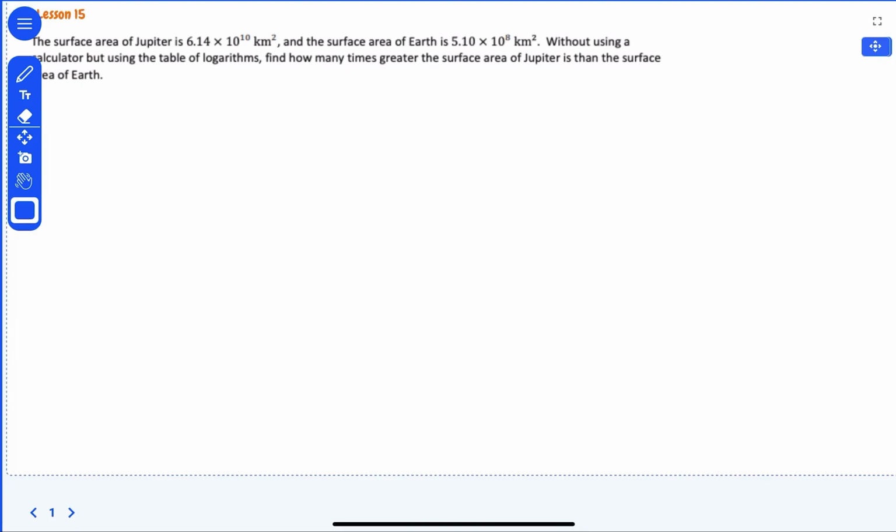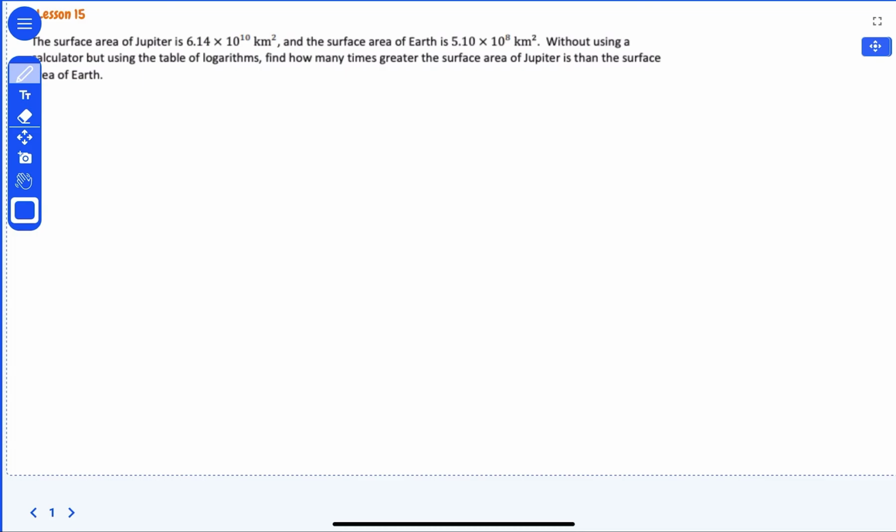Okay. What do we have here? What would we call this measurement to this measurement? We can call it a ratio, right? How do we write ratios?